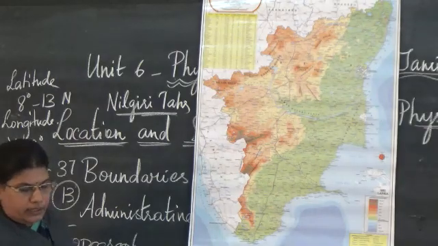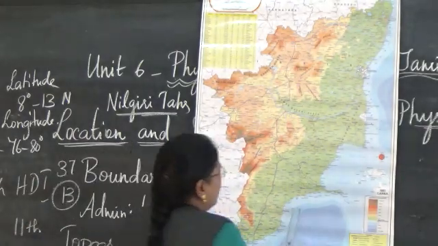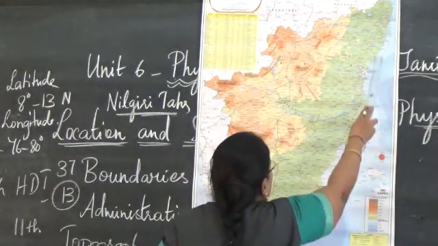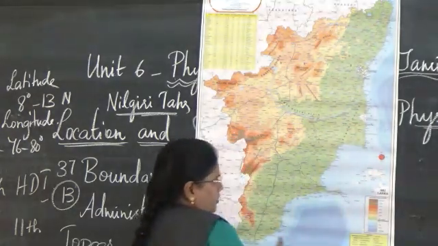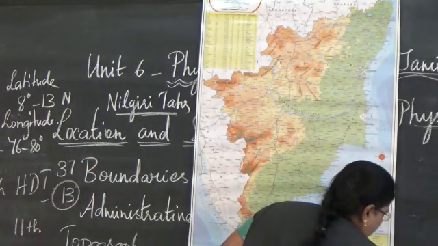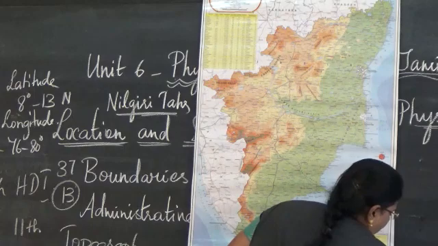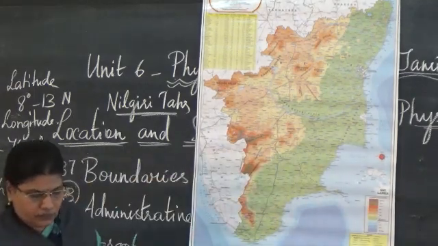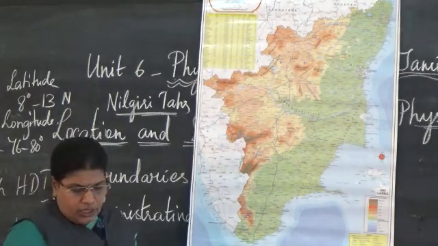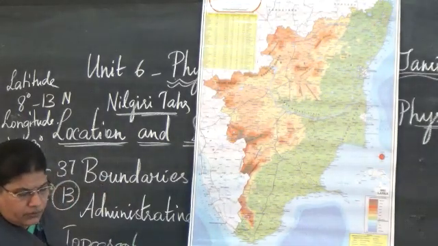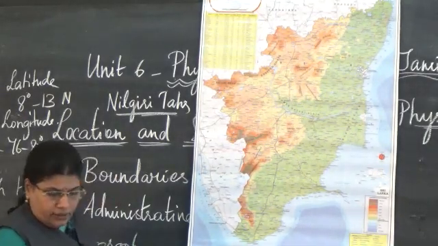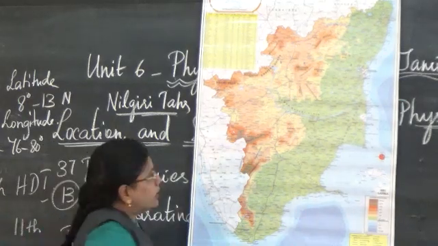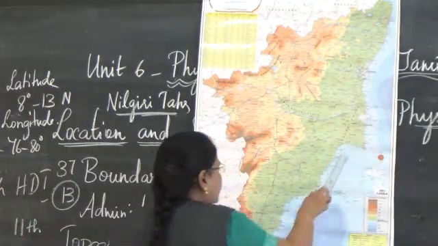The coastal plains of Tamil Nadu are called the Coromandel Coast. Otherwise, it is called Cholamandalam also. It extends from Chennai to Kanyakumari.